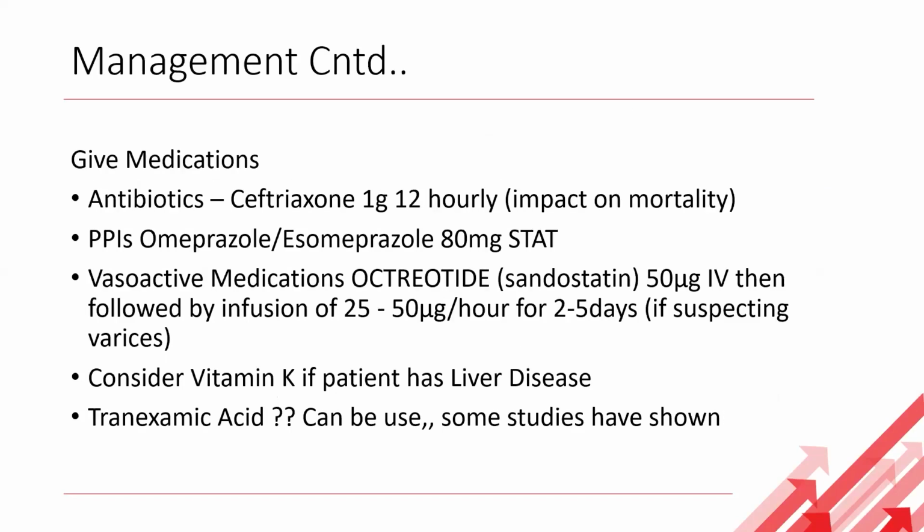So the next thing that we're going to give is medications. Antibiotics: usually give ceftriaxone, 1 gram 12 hourly. There are some studies that have shown that antibiotics have an impact on mortality in upper GI bleeding.